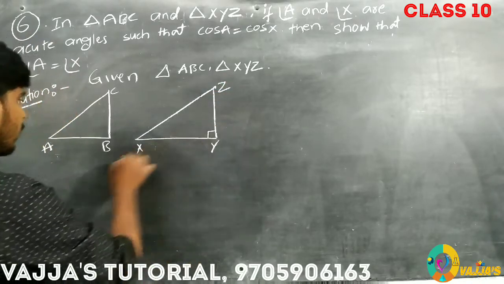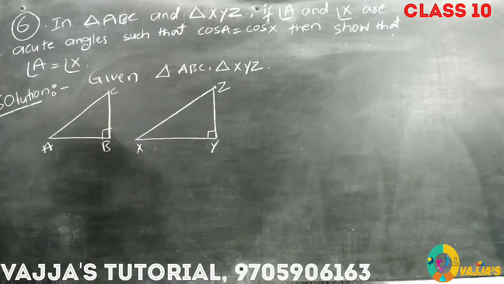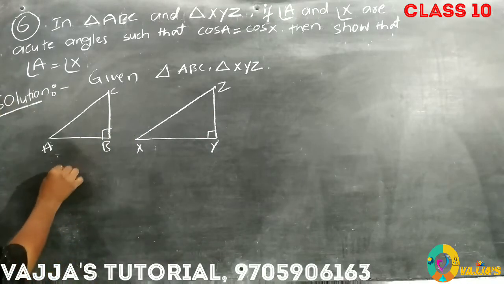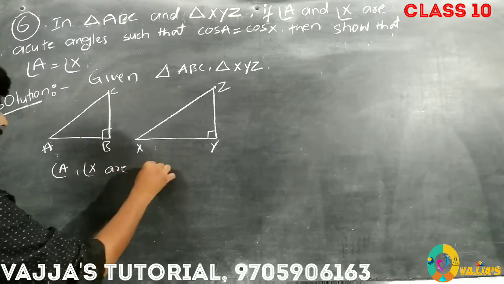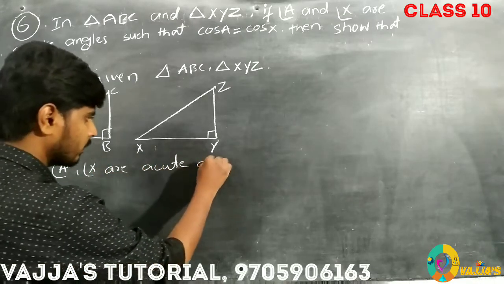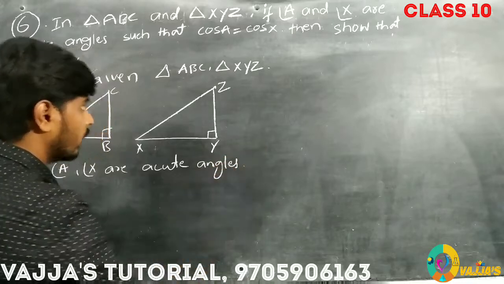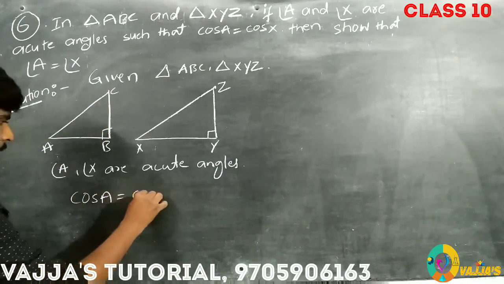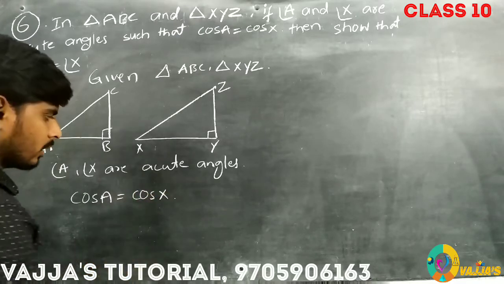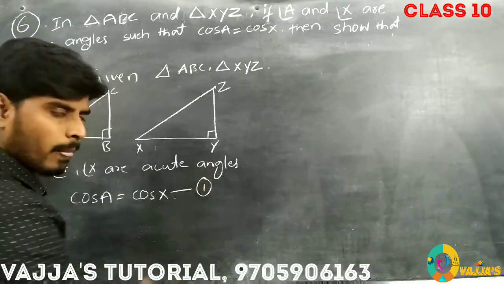Here the right angle is at Y, here the right angle is at B, and given angle A and angle X are acute angles. And given one more condition, cos A equals cos X. Consider it equation 1.